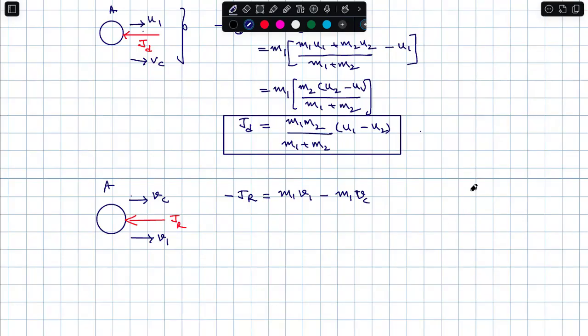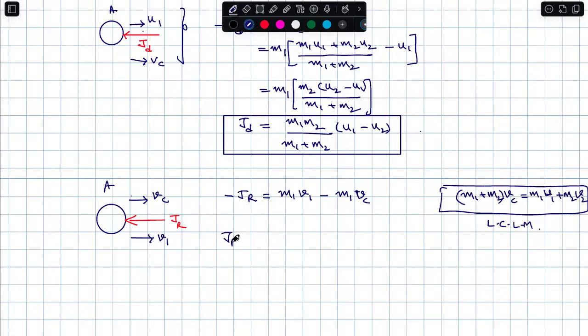Don't forget, (m1 plus m2) times v common can be written as m1 v1 plus m2 v2 according to law of conservation of linear momentum. Now you will substitute that here. You will get Jr as m1 m2 by (m1 plus m2) times (v2 minus v1). After all calculations, you will get that.